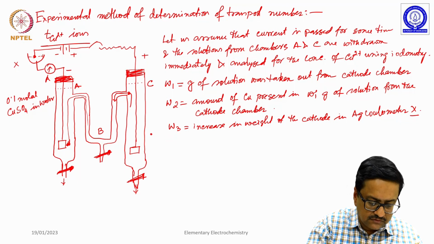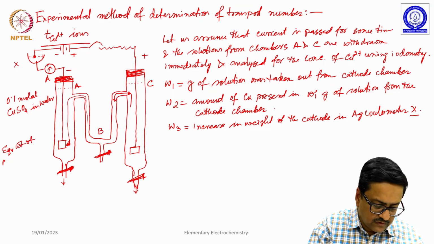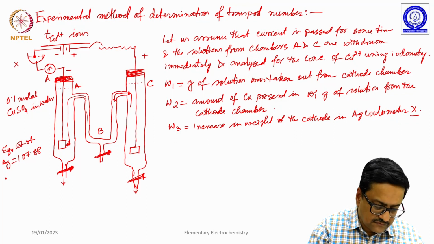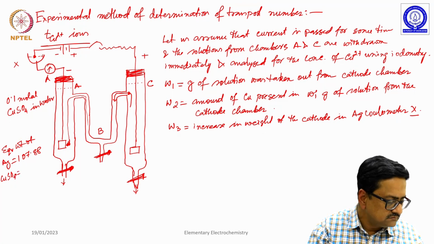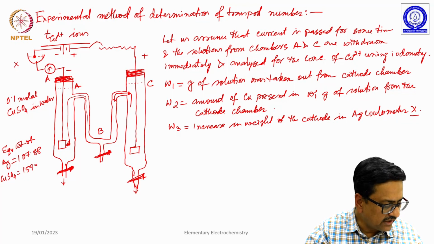What we know? We know that the equivalent weight of silver is 107.88 and that of CuSO4 is 159.60.